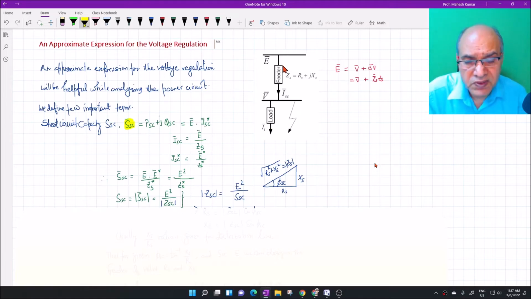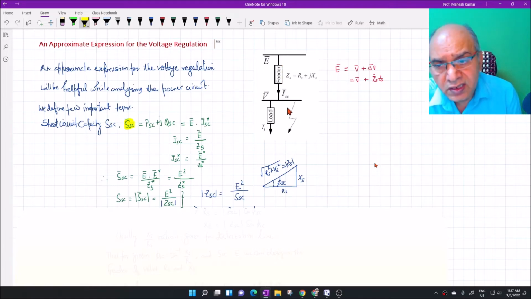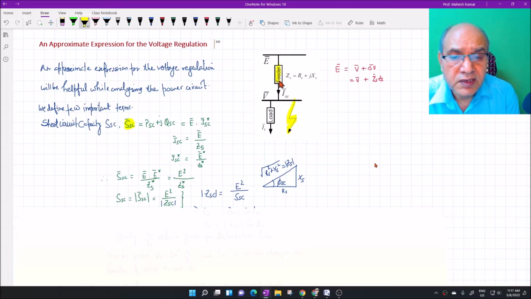The short circuit capacity of the bus is actually the capacity of the power system bus that it can deliver the power under fault conditions, mostly the ground fault. So if the ground fault takes place like this here, then this bus is grounded and the current will flow through this feeder with the impedance of the feeder RS plus JXS.